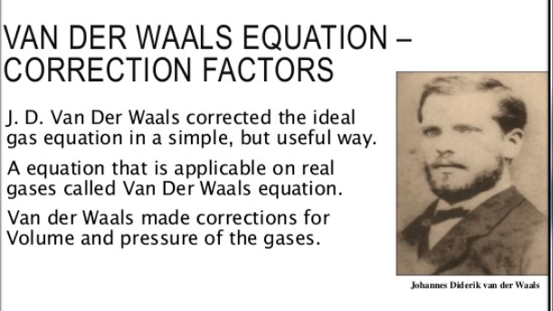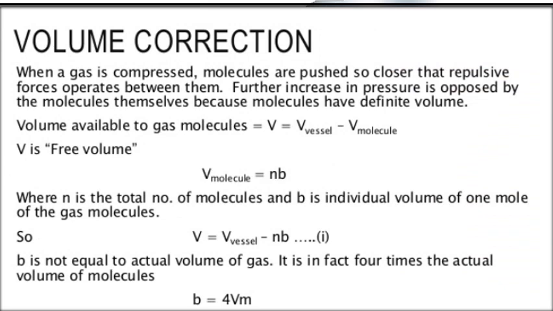In this regard, the first one is the volume correction. Remember, as I told you earlier, this theory is applicable when the gas is present in a highly compressed state. Otherwise, when it is uncompressed, the gas will behave ideally, but it will behave non-ideally, as a real gas, when high pressure or low temperature is applied.